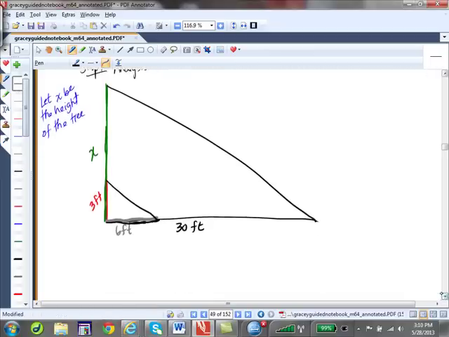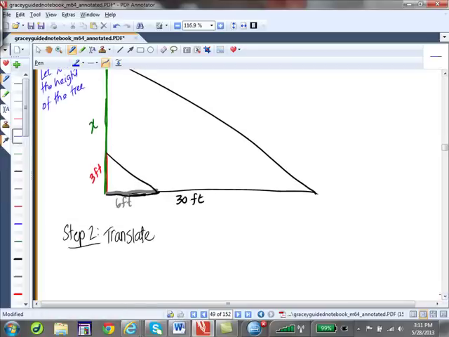So step 2, translate. And here we go. So we have the height of the tree is to its shadow, as the height of the yardstick is to its shadow.